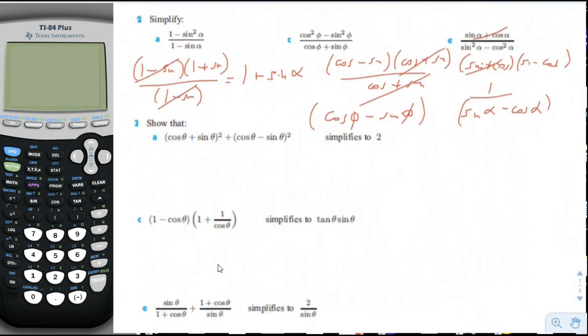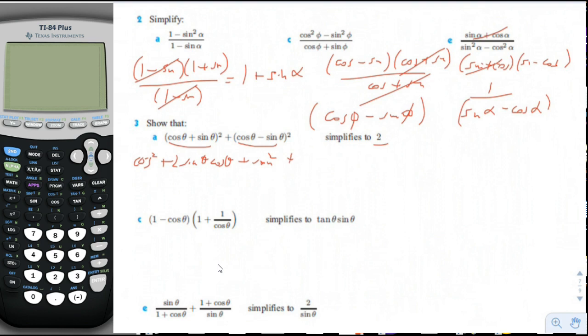Show that cosine plus sine, quantity squared, plus cosine minus sine, quantity squared, simplifies to 2. Interesting. Okay, so use FOIL, and you get cosine squared plus 2 sine cosine plus sine squared.